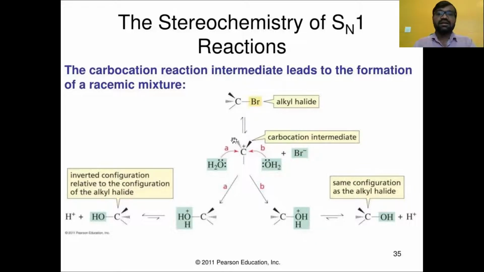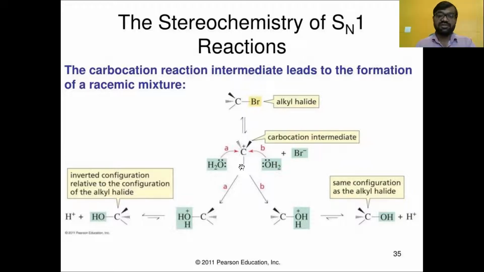And if you remember, the carbocation possesses sp2 hybridization, and sp2 hybridized carbons have planar geometry. Just like an alkene, which possesses sp2 hybridization along with trigonal geometry, this is also a trigonal geometry where the bond angle is 120° and the molecule happens to be planar. They exist within a single plane.